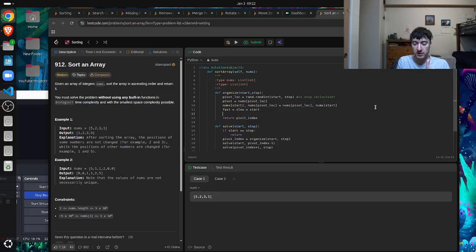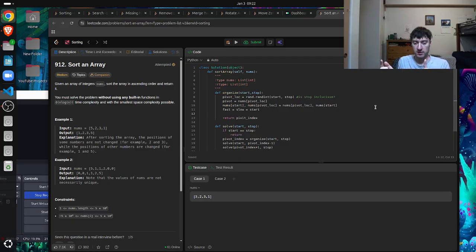If it's a number bigger than the pivot, fast is going to start coming out here and looking for the next element that conforms, so the next smaller element. And then if they find one, they swap, okay?